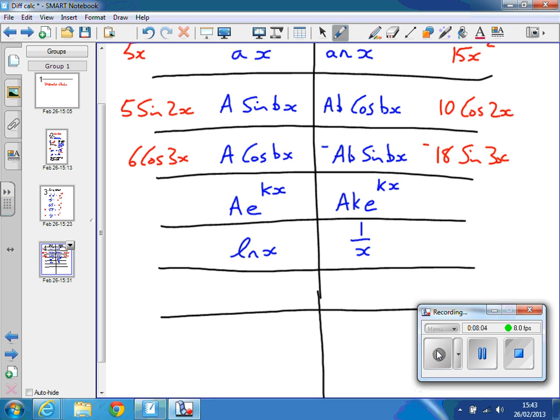So if I actually think of an example like 3 log x, actually let's change this slightly, the logarithm of ax, it turns out to be just 3, so the constant that's in front stays there, times 1 over x, or just 3 over x.